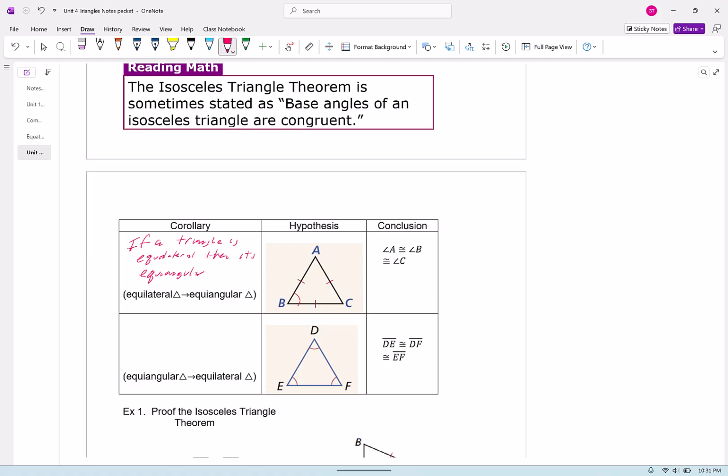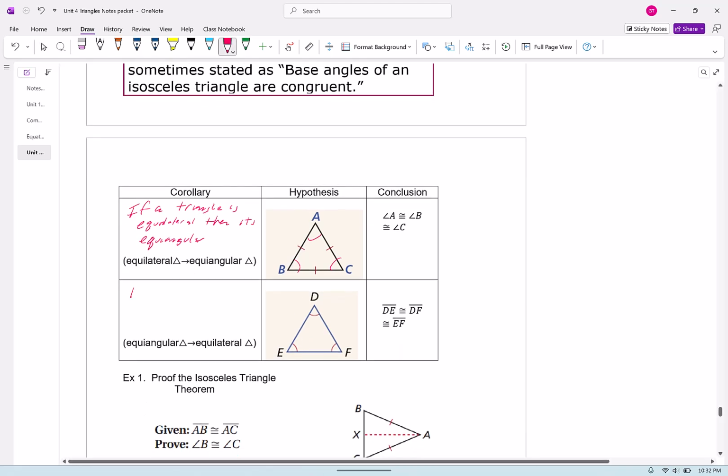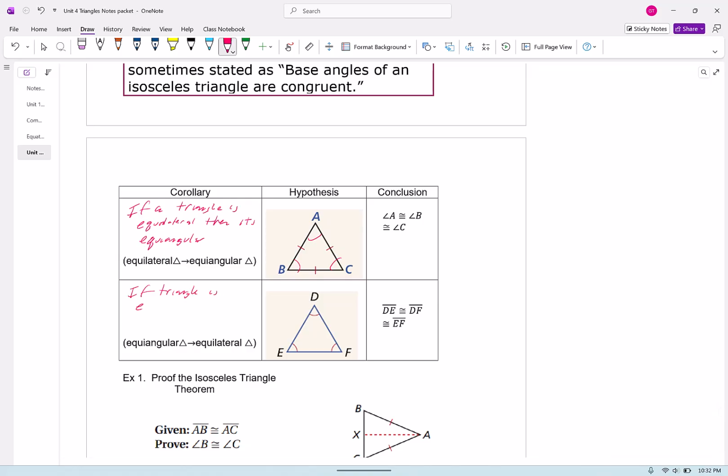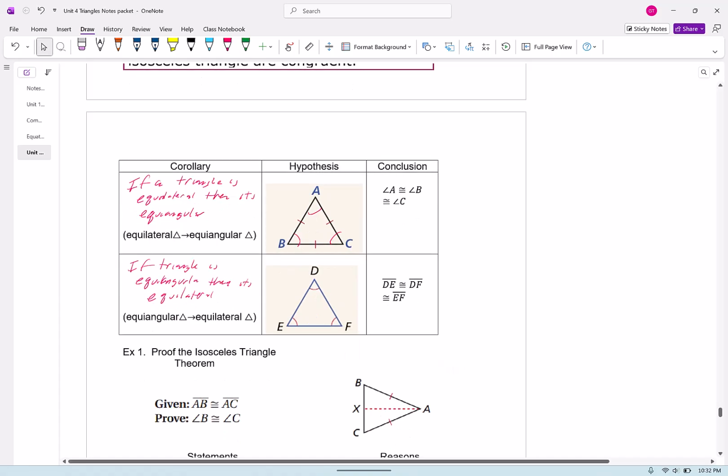That means that these are all the same with each other. And therefore, if a triangle is equiangular, then it's equilateral. So we can draw some of those corollaries from that.